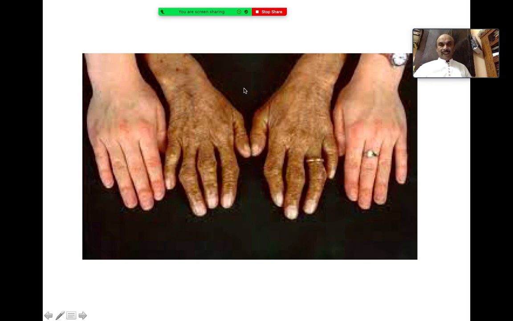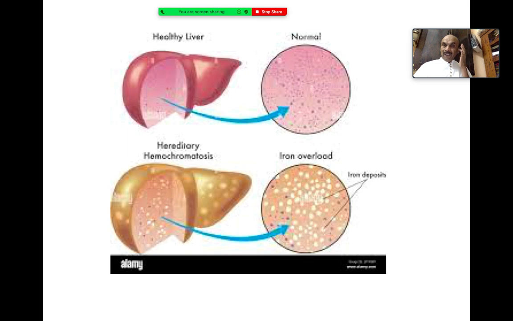Here is the patient showing hyperpigmentation of the dorsum of the hands with a little amount of deformity of the fingers due to chronic arthropathy, the manifestation of hemochromatosis. This slide shows the section of the liver in hereditary hemochromatosis showing the iron overload. Yes. This is the normal liver and its appearance in the histopathology.